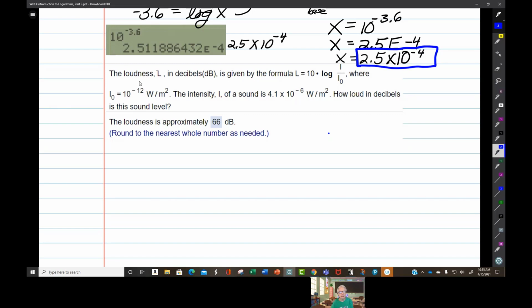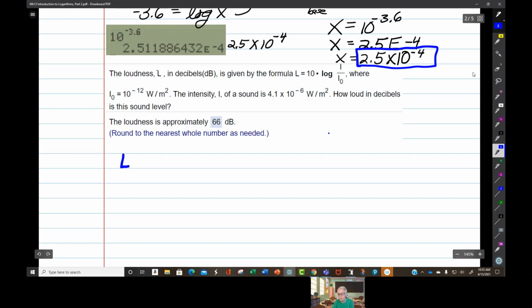All right, we've got loudness in decibels. That's how you measure loudness. And that's given by this formula, which is a lot like the earthquake formula, the Richter scale.